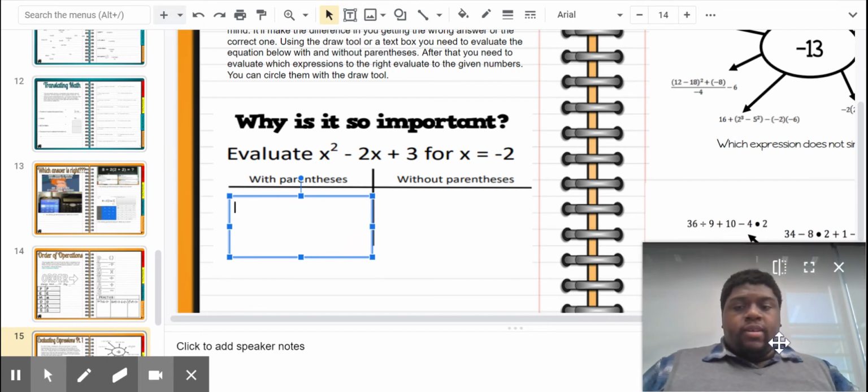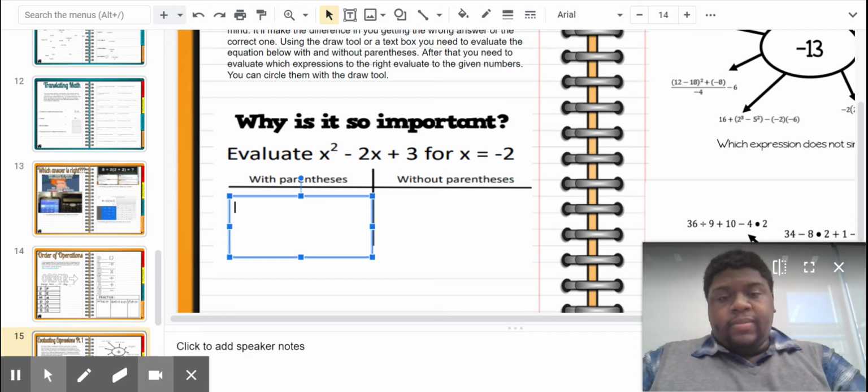Over here, -2 is going to be replacing all our x's. So we have -2, then our power to the second power is happening right there.